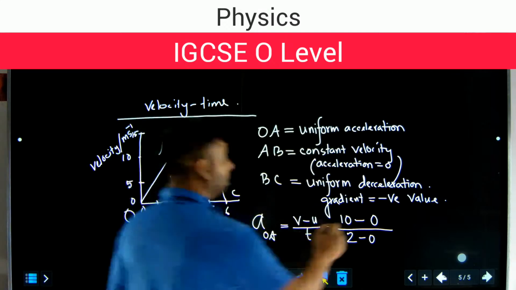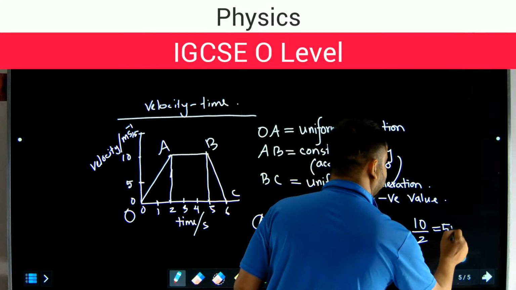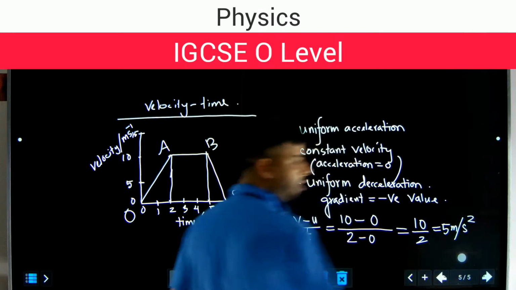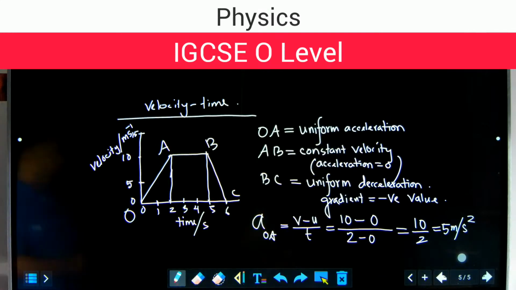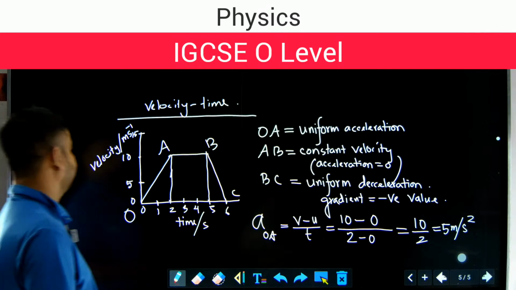So 10 divided by 2 is 5 meter per second square. Remember, the unit of acceleration is meter per second square.